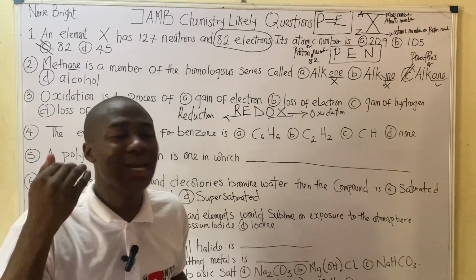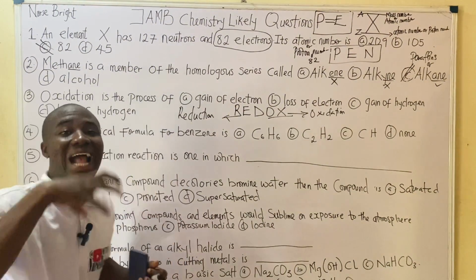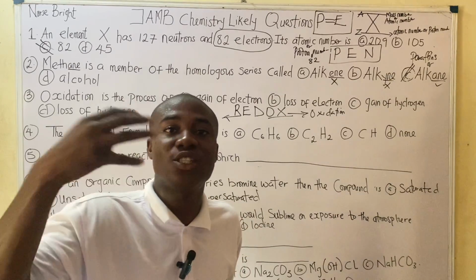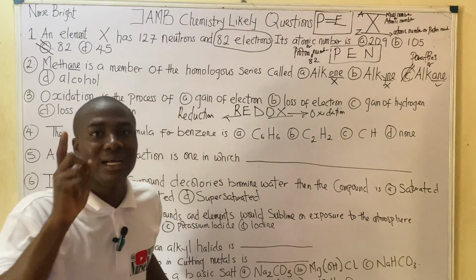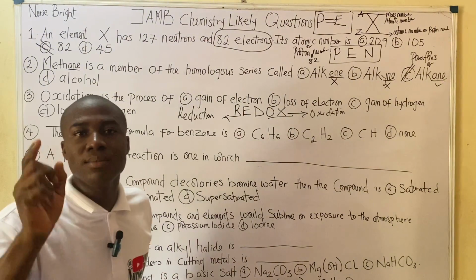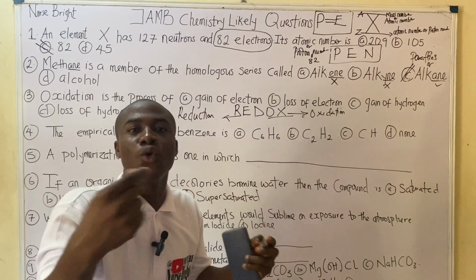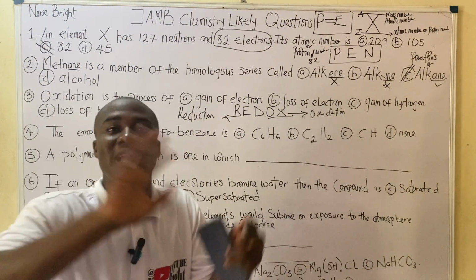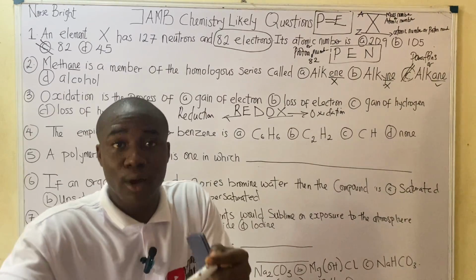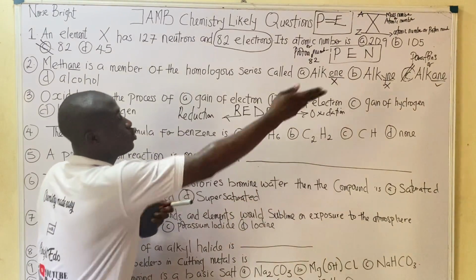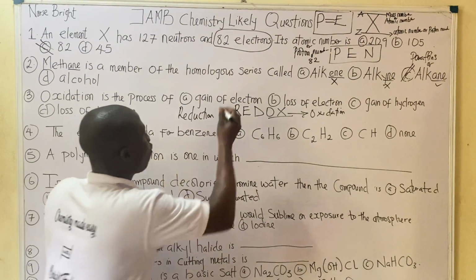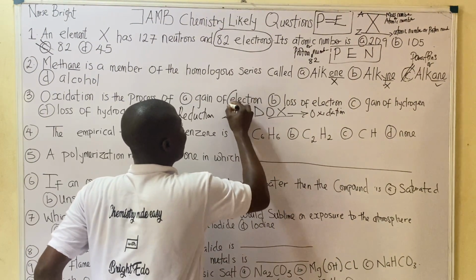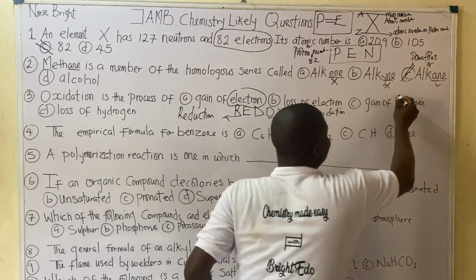Now, oxidation as a process can be defined based on different definitions. Are you getting me now? This must be noted. Now, how do you think we answer this question? Very easy. We have different terminologies with which we define these two, reduction and oxidation. One of them is electron, and the other is hydrogen.